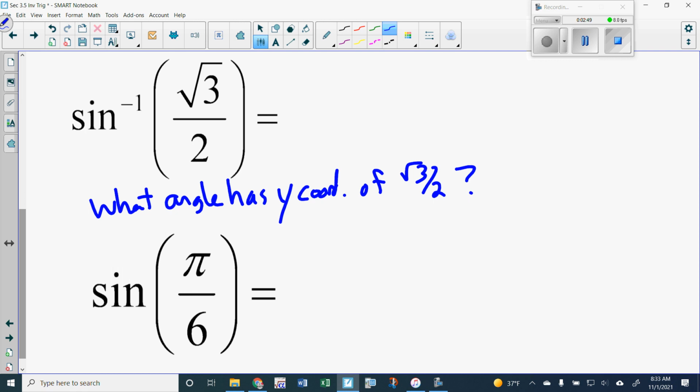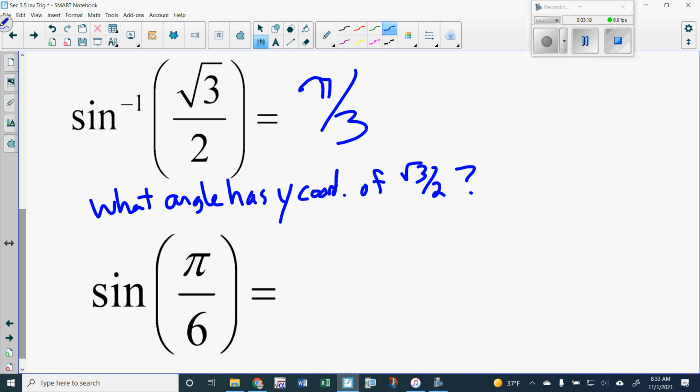What angle has a y-coordinate of square root of 3 over 2? It would be 60. 120 would also have the same y-coordinate, but that's on the left side, so we couldn't use it. And we only use radians. We're not in physics, which uses degrees. So pi over 3.